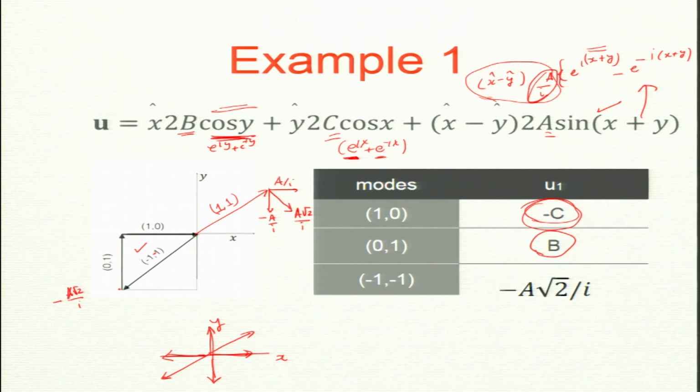So, this vector is in that direction. There is a minus sign sitting here, you can see that actually. Is that clear? You have to be careful, but this is straightforward, okay. It is just labor, that is why I said you have to do it carefully. So, this is why minus 1 is minus a root 2 by i, okay.